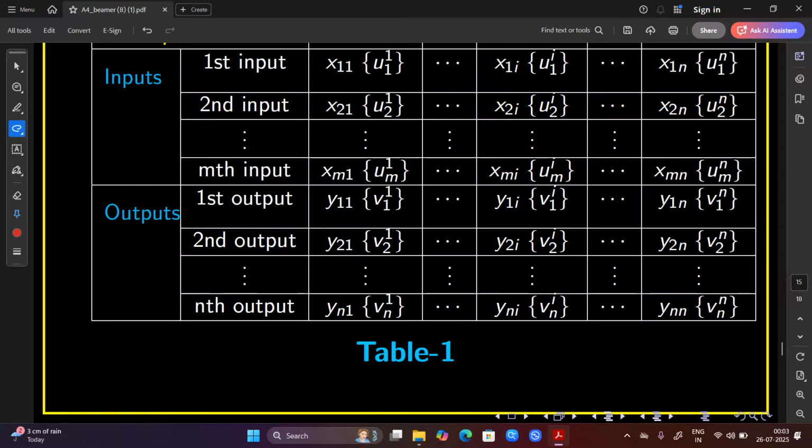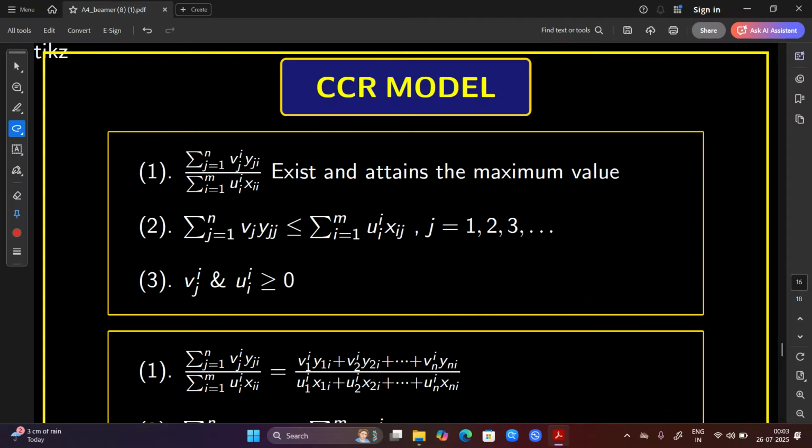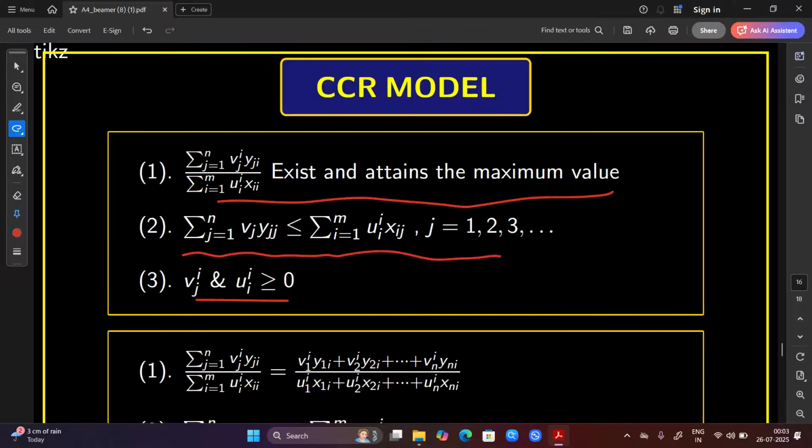Now I will show the three conditions. This is the CCR model, condition 1, condition 2 and condition 3. So why did the necessity of the CCR model come into existence? Because if the number of inputs and outputs is more, then the efficiency formula won't work.